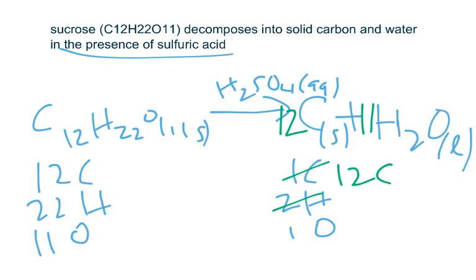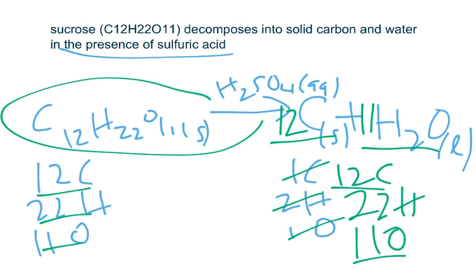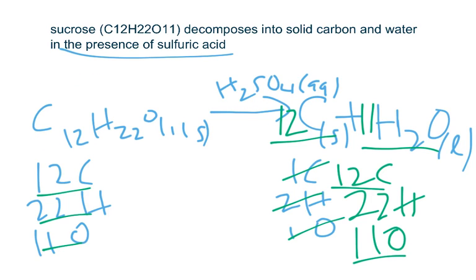So 22 hydrogens and 11 oxygens. And look at that, it's all balanced. So we need 12 carbons and 11 waters. So apparently, when sucrose decomposes, it forms 12 carbons and 11 water molecules.